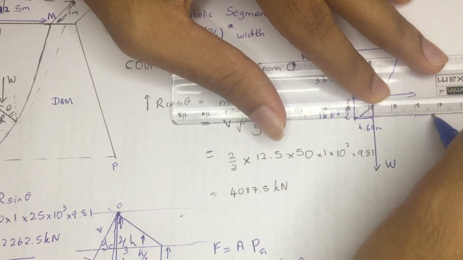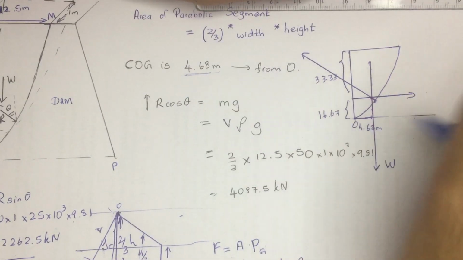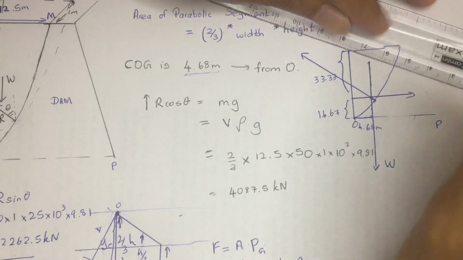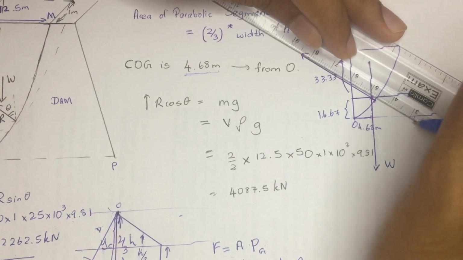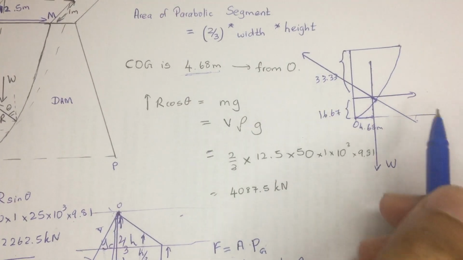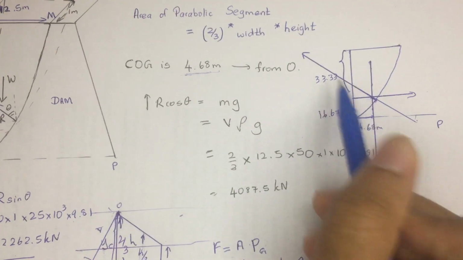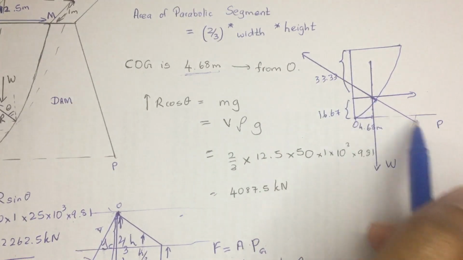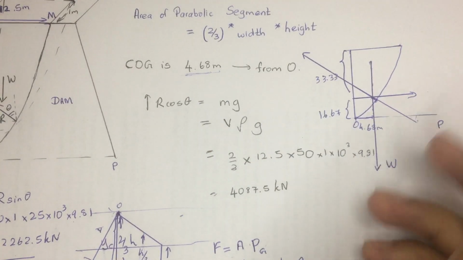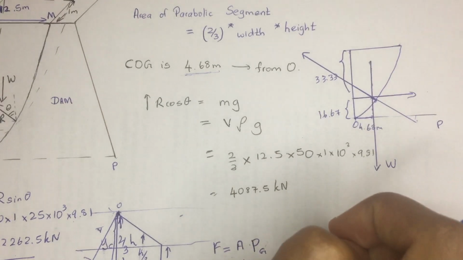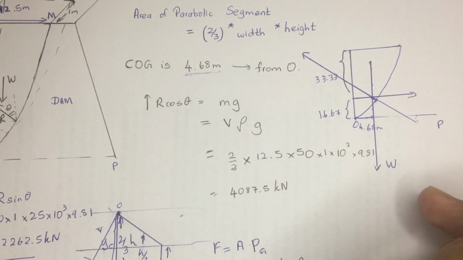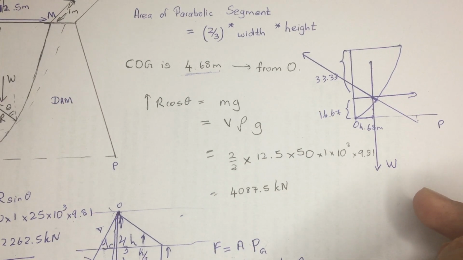So if you want, you can tell where this force cuts this OP. You can easily figure it out. Let's try that. You need to figure out where this force cuts this OP, so we can figure out where this force is acting. Please pause the video and try it with your own very simple geometry.